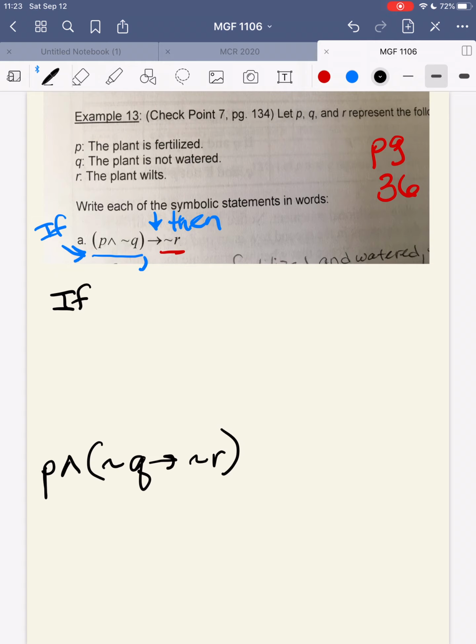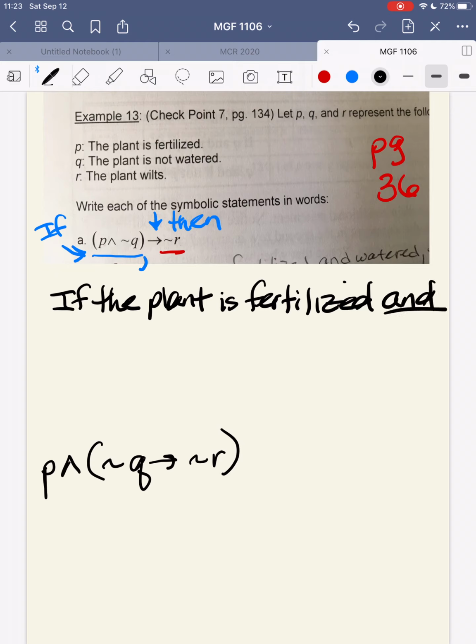Now I want to look at P, the plant is fertilized. Okay. And then I have an and. The plant is not watered is the Q. So in this case, I have to do the negation of this Q. Okay, so the plant is watered.